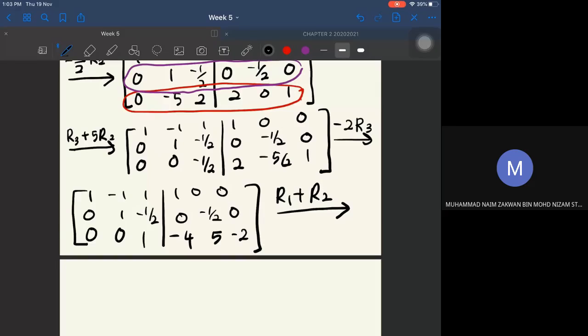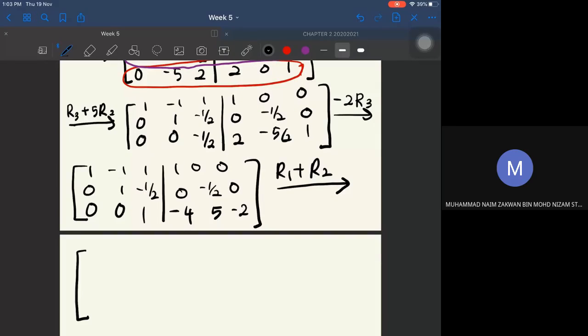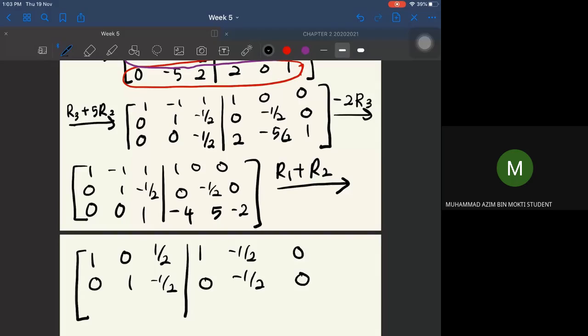So you akan ada 1. Negatif 1 tambah 1 kosong. 1 tolak 1/2 1/2. 1 negatif 1/2 kosong. Kosong 1 negatif 1/2 kosong. Negatif 1/2 kosong. Kosong kosong 1 negatif 4, 5, negatif 2.